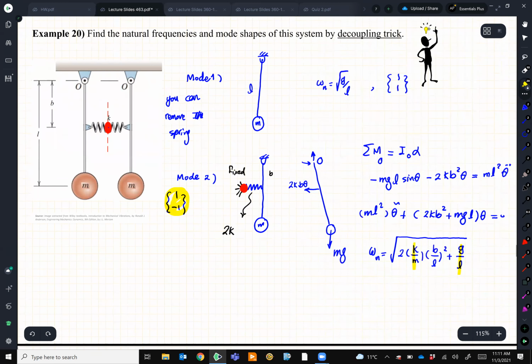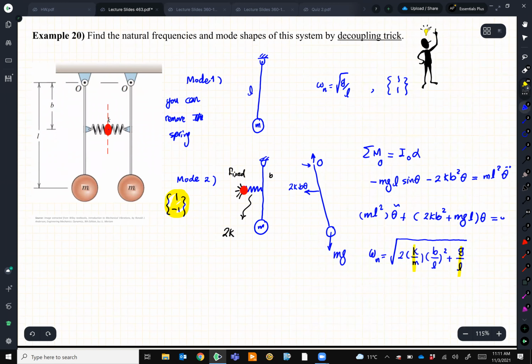Let me ask you this. If I have a piece of paper, and I'm just showing its cross section, all right? This is the cross section. If I want to excite it, how can this system deform or move?